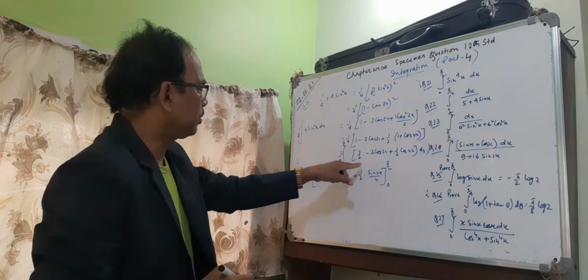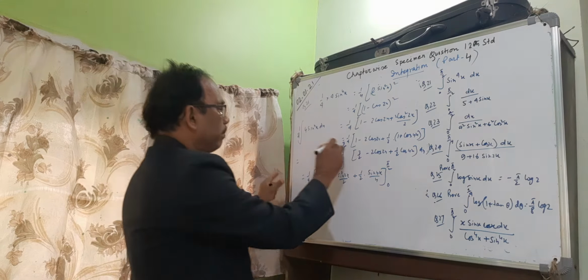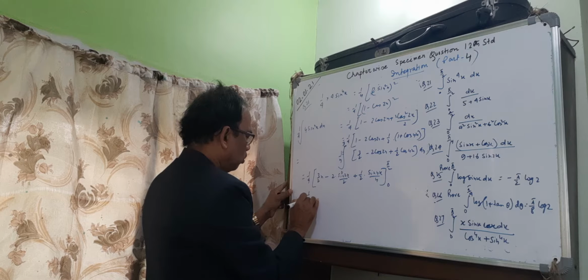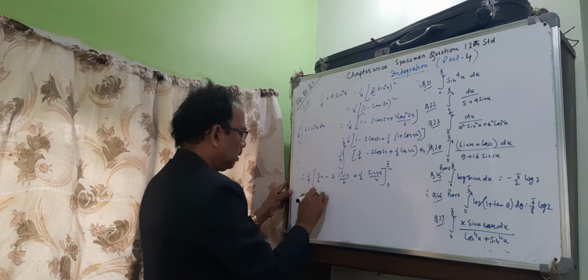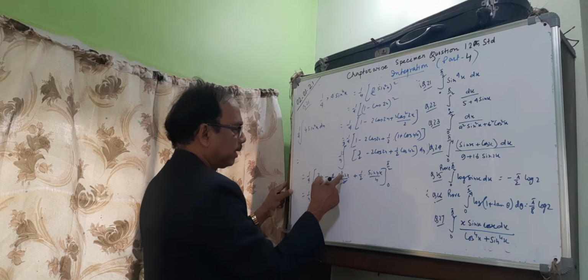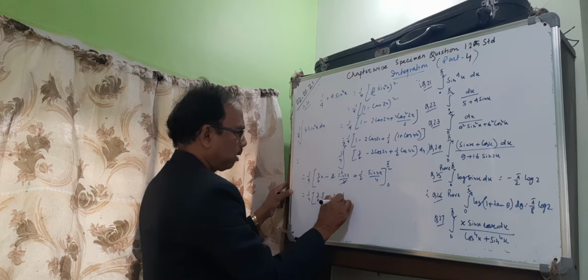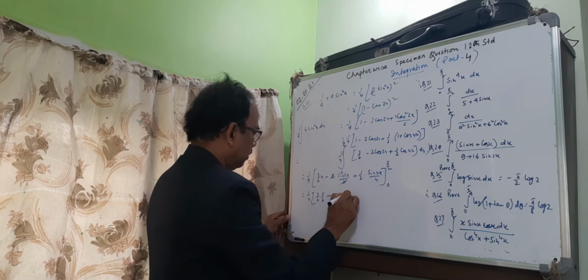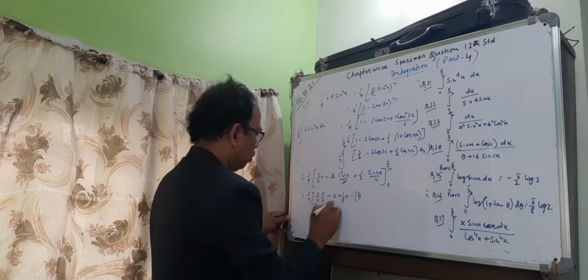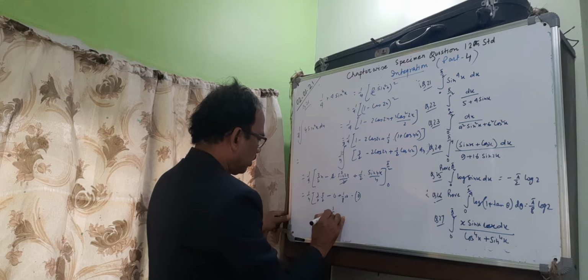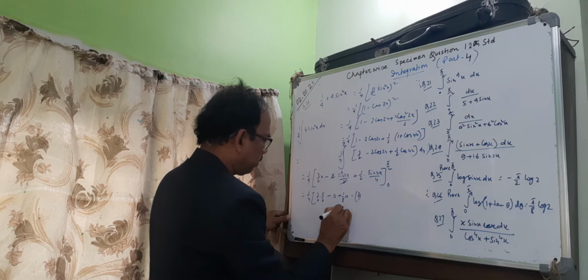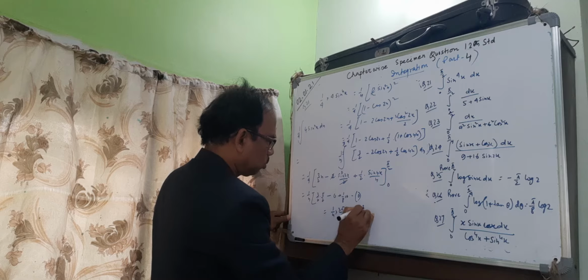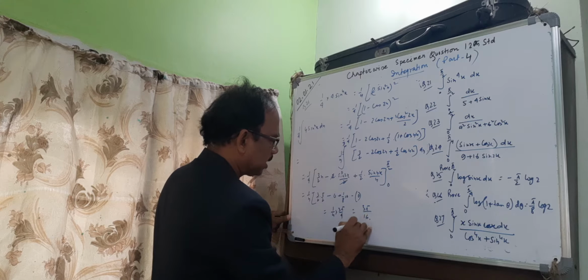First break it, then take the limit. Now take 1 by 4, upper limit 3 by 2 into pi by 2, sine pi is 0, plus 1 by 8 sine 2 pi is 0, minus 0. That is 1 by 4 into 3 pi by 4, equals 3 pi by 16, which is your final answer.